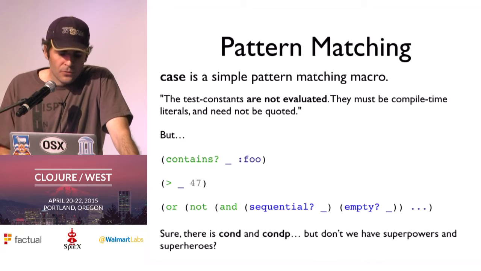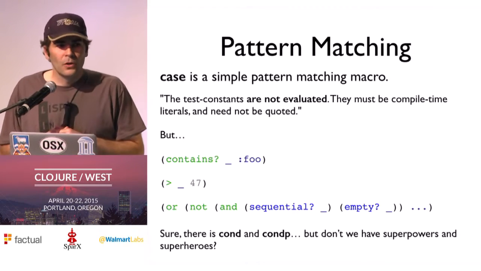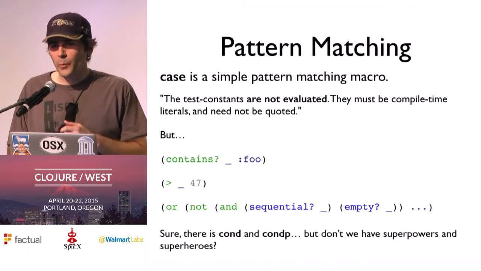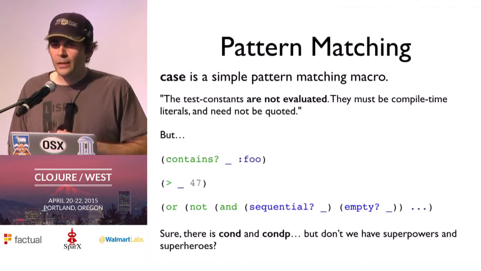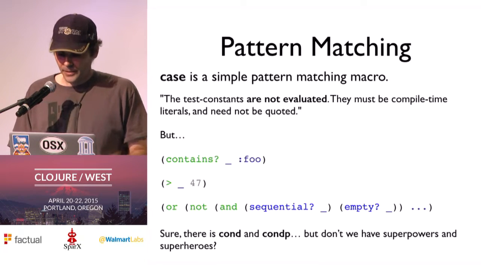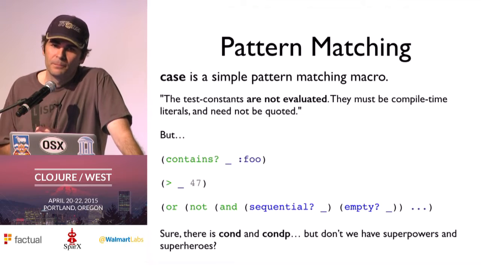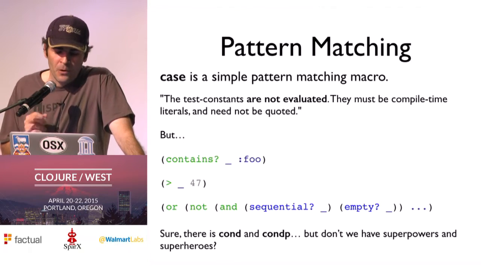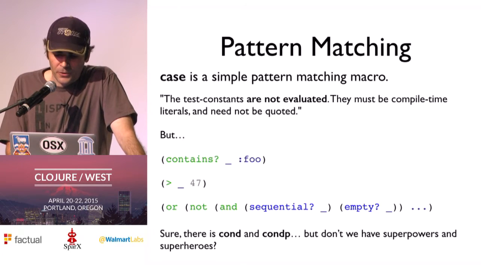And there's some other macros that help us with conditionals, like cond and condp, that get us a little closer to more complicated pattern matching, where we can start to define some expressions and use them. But they're still pretty limited in the same way that case is limited. So even though we're using macros, and even though we're using some almost proto-pattern matching, we're not really tapping into our superpowers that our superheroes have created for us.